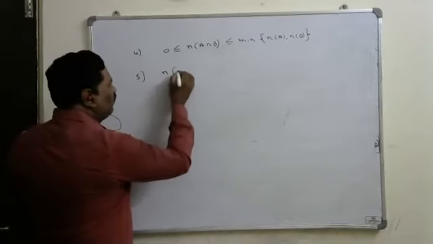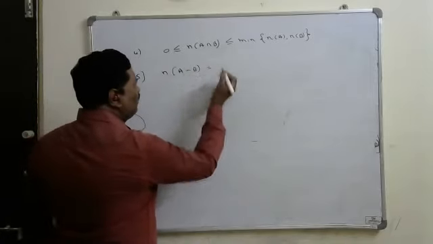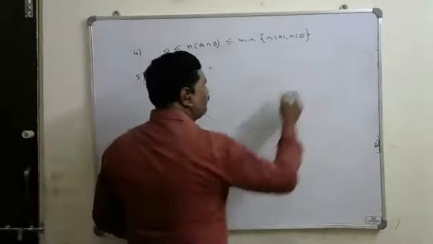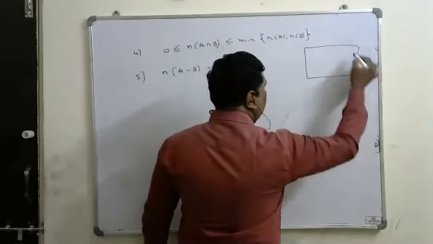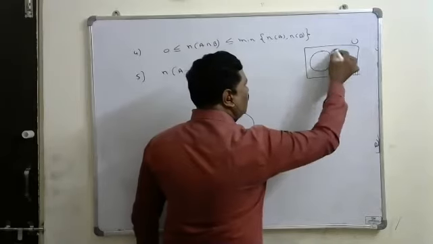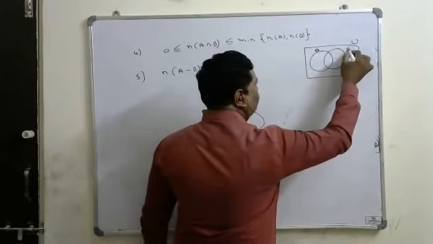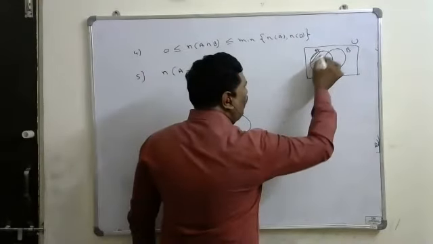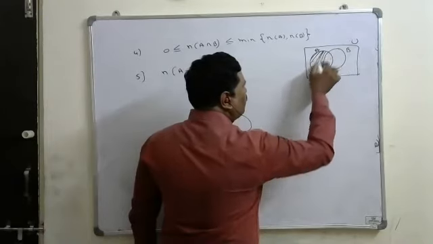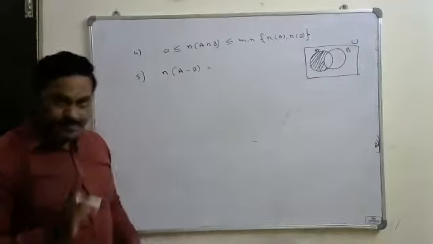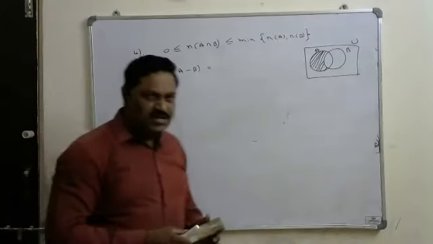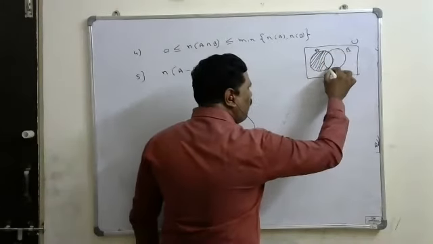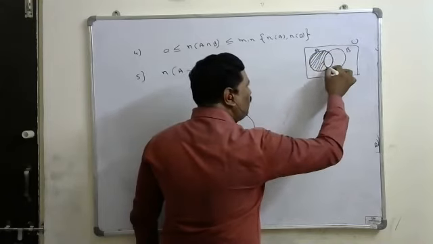Similarly, if you want to find the formula for n of A minus B, how do you write it? This is the universal set, this is set A and this is set B. A minus B means the area available in A only. This hashed area represents A minus B. How do you give the formula for that? From this A part, you subtract the common part.